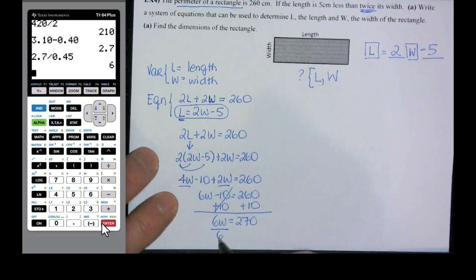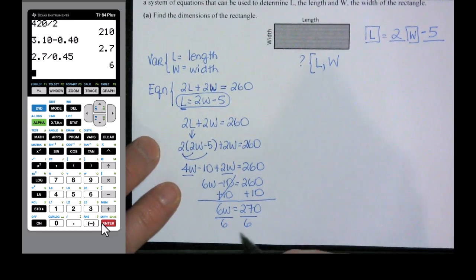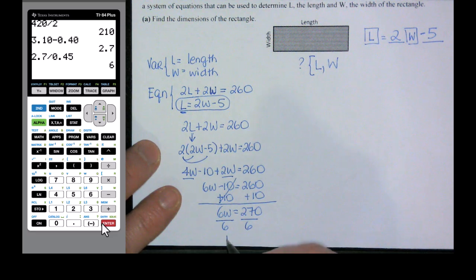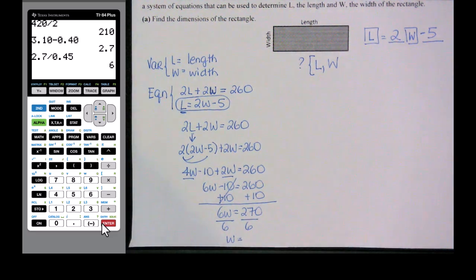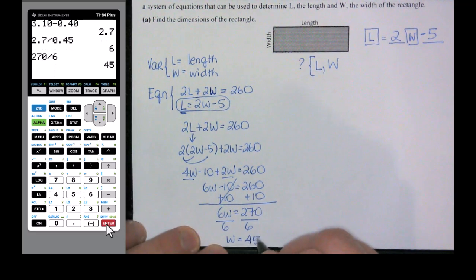We divide both sides by 6, and we should get our width, which is, let's see here, 270 divided by 6, which is 45. Very good.